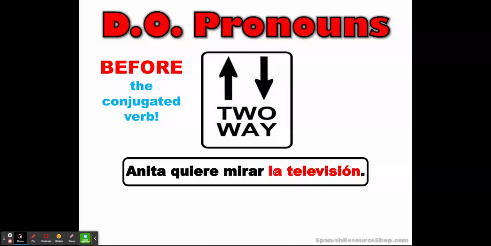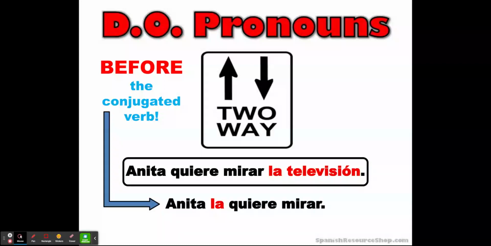This is a definite article. The TV gives it away. So you're just going to use this. In this case, Anita la quiere mirar. So far, so good. Before the conjugated verb.